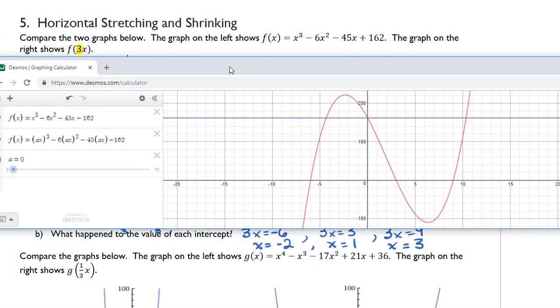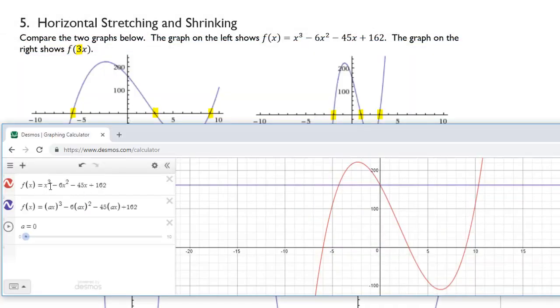Take a look at the function right here, where it shows a cubic, just like what was on the handout. And we can see that right now I've also inserted a scalar a wherever there was an x in the original function. Now I can see what will happen as a changes values.